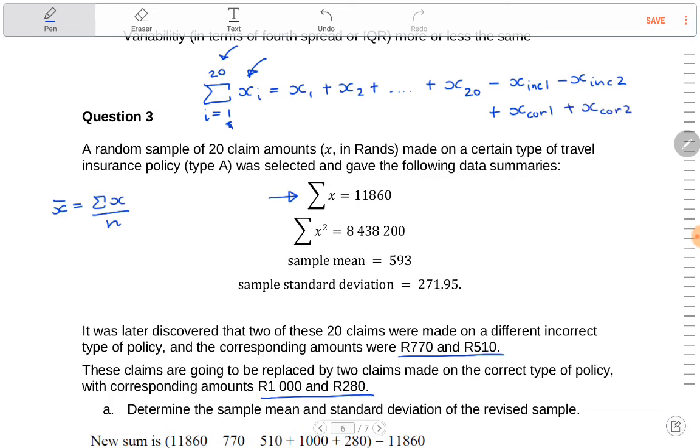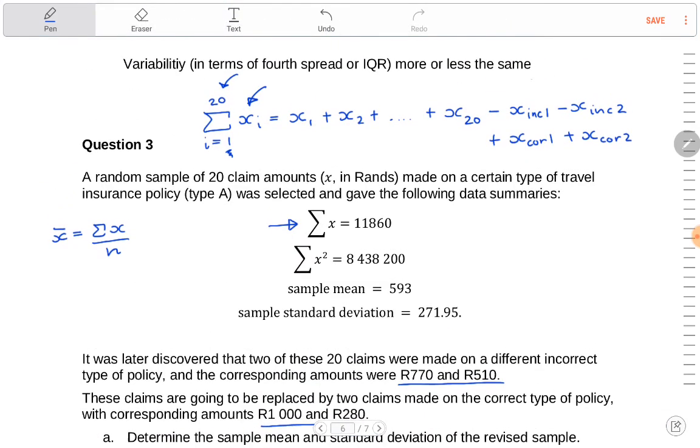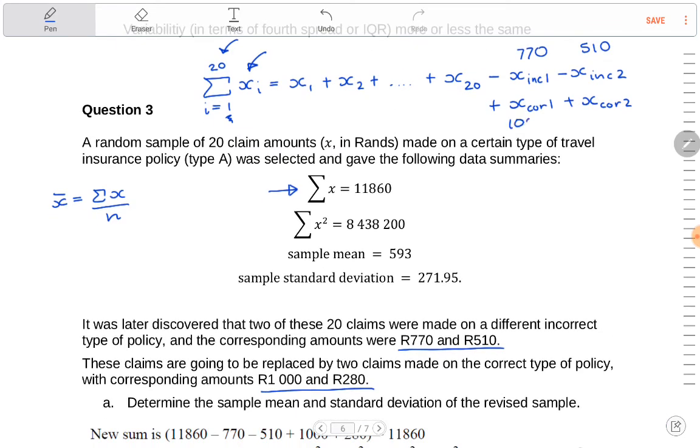Our x incorrect 1 is actually our 770, which we now remove, and then your 510, and then you add your 1000 to 2, and then your 280.